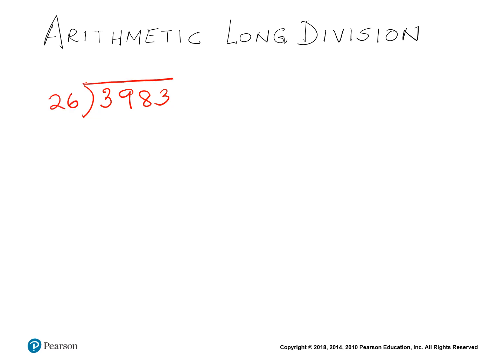Now the number that we are dividing, in this case 3983, is usually called the dividend, and 26, the number we are dividing the dividend by, is called the divisor. We will be referring to these terms later on. That's why I just want to introduce you to the terms here in case you are not familiar.